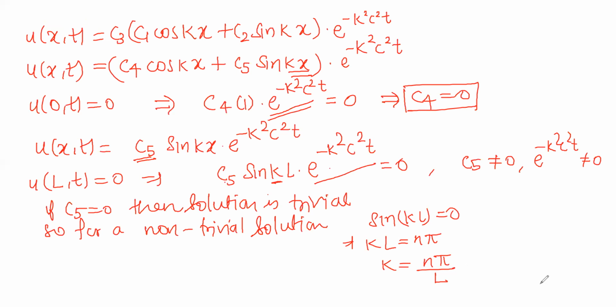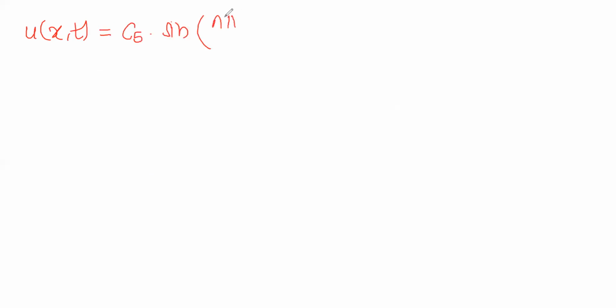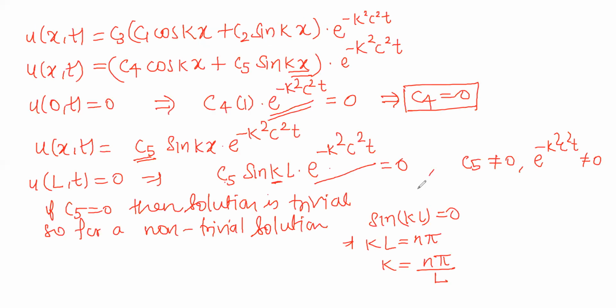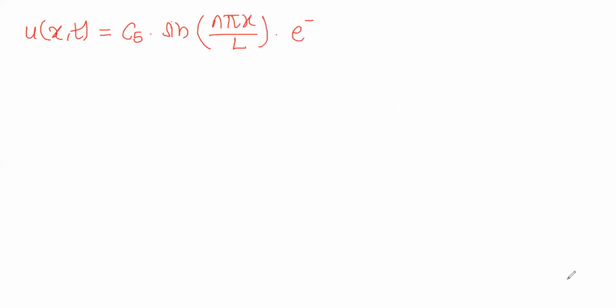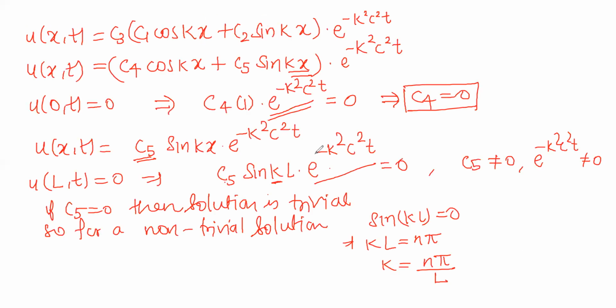Okay, so I get here n pi x upon l into e power minus c square k square t, but k was n pi upon l, so it will be basically n square pi square upon l square. Okay, so let me write it down here only. So this part will become, I'll use another ink just for my convenience.